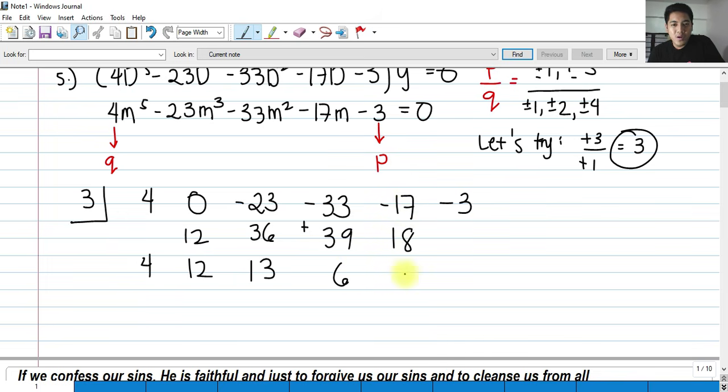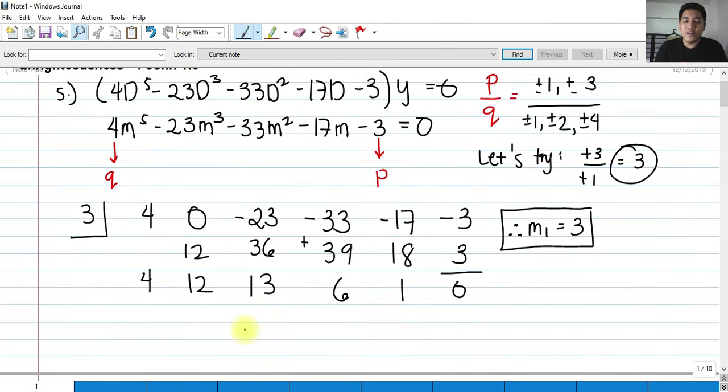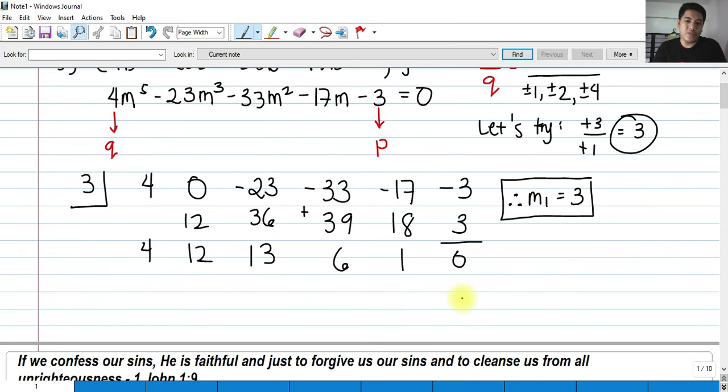Add this to negative 17, that would be 1. 1 times 3 is 3. Negative 3 plus 3 would be 0. Therefore, m sub 1 would be 3, because there is no remainder upon dividing. Our remainder is 0, so that is a root.